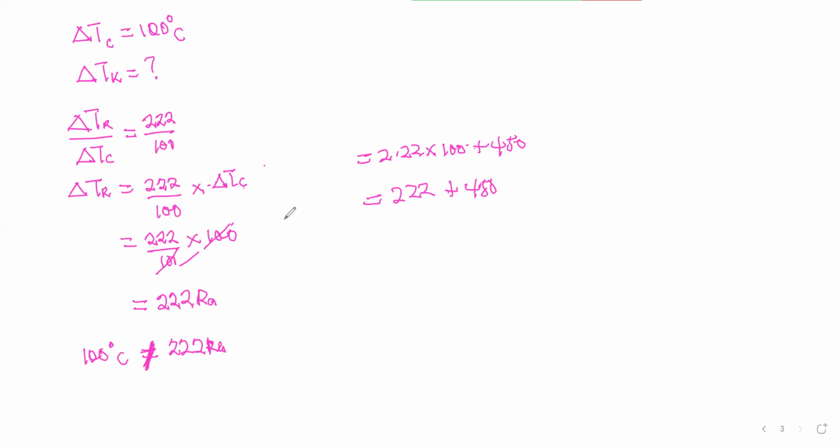Are you okay? But if I'm giving 100 degrees Celsius to convert it to Rankine, we realize that that will be 672 Rankine. Gideon, are you okay? Yes, sir. Please, thank you.